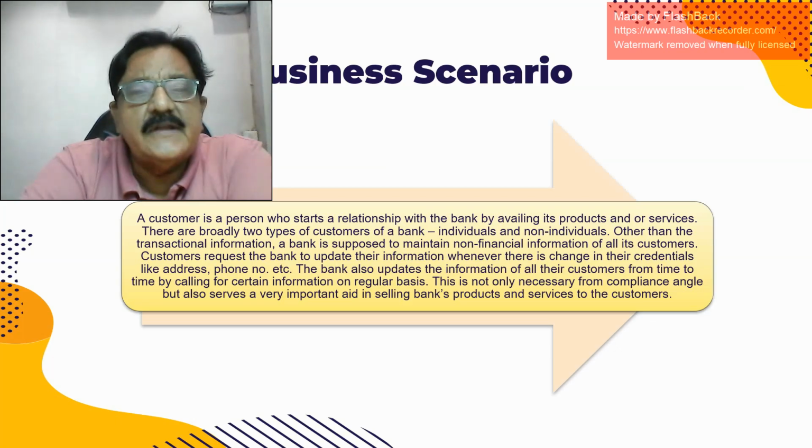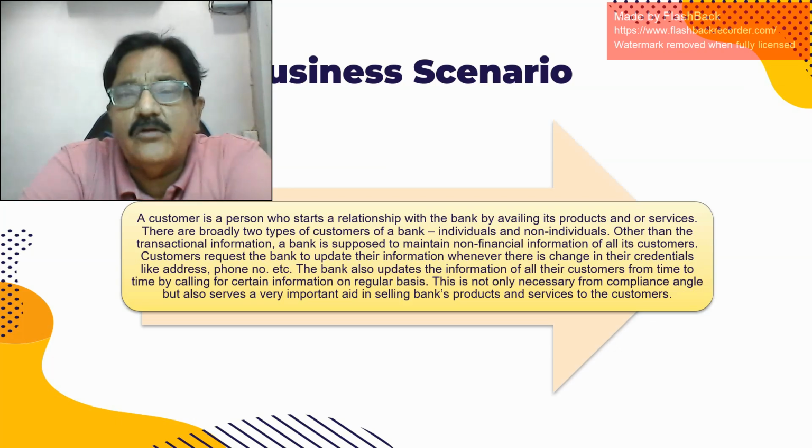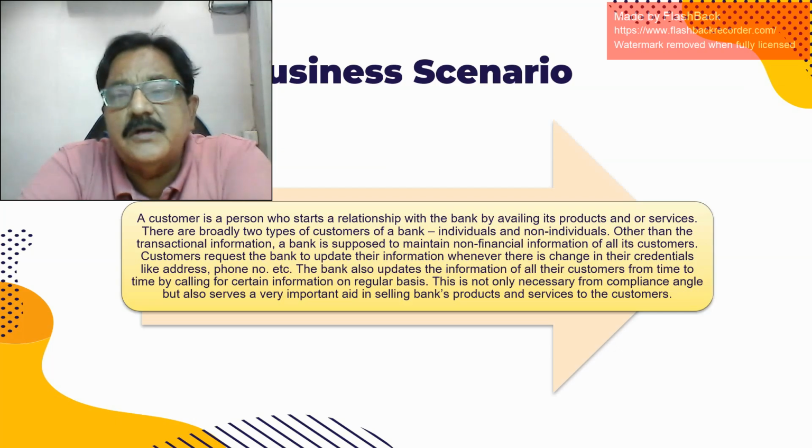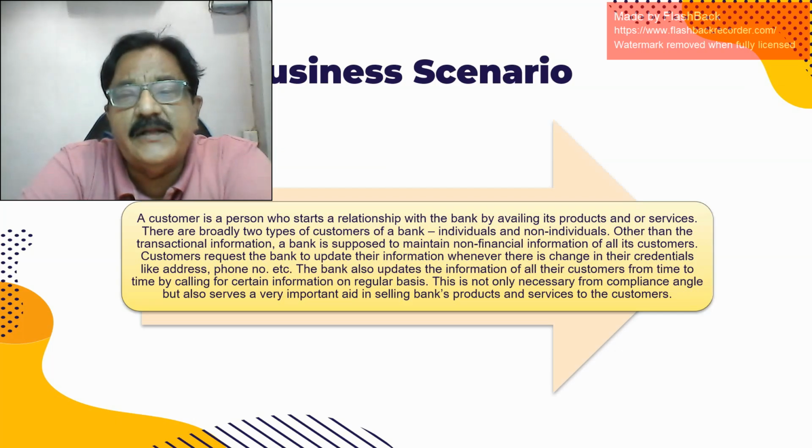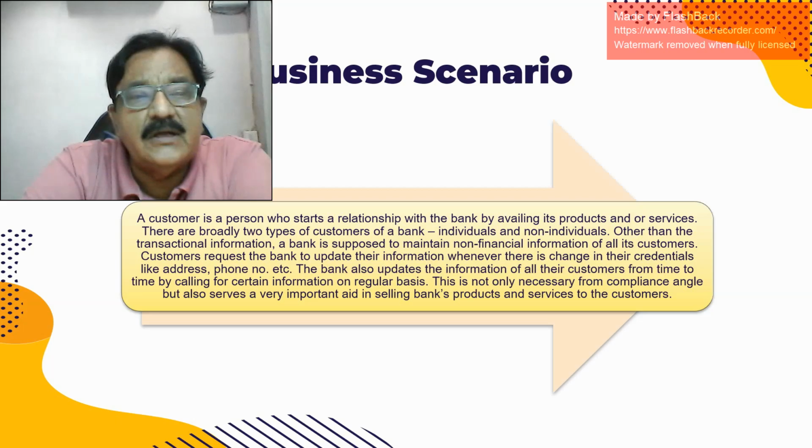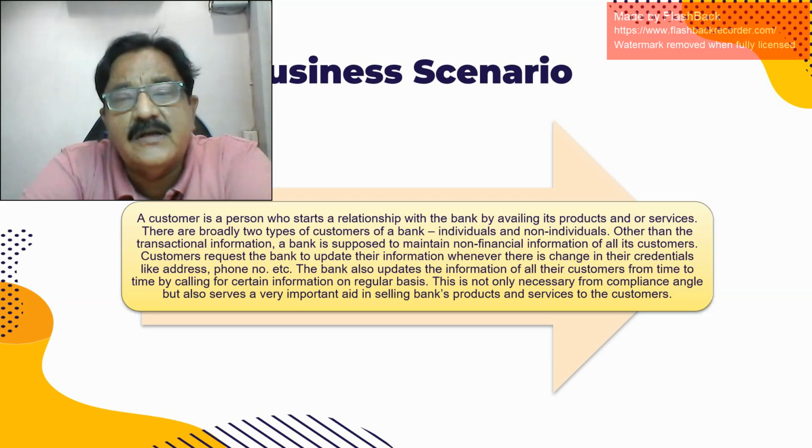So business scenario, we create a corporate CIF ID. Any individual or non-individual doing a business is supposed to maintain non-financial information of its customers. Customers request the bank to update their information: ID proof, address proof, registered email ID, communication ID, mobile number, and everything. This compliance has to be done, and it is very important in selling products.